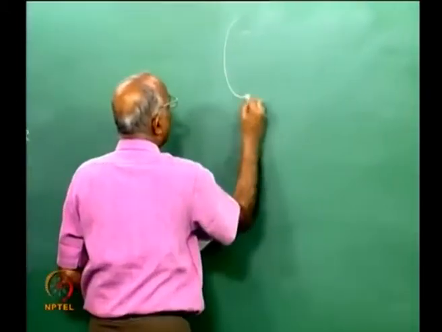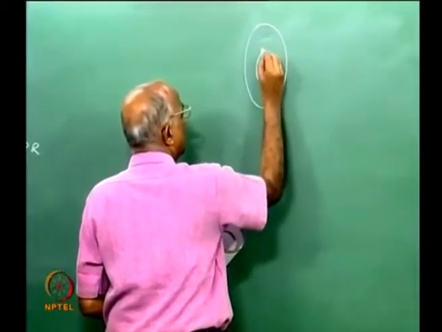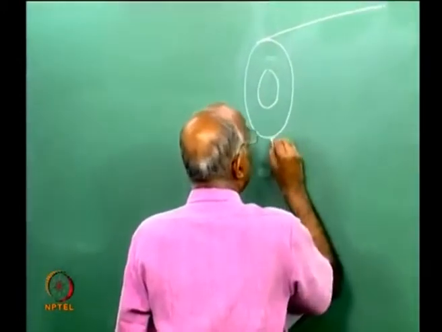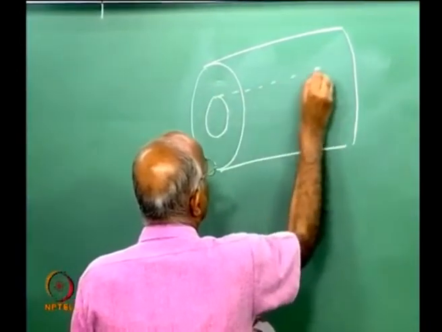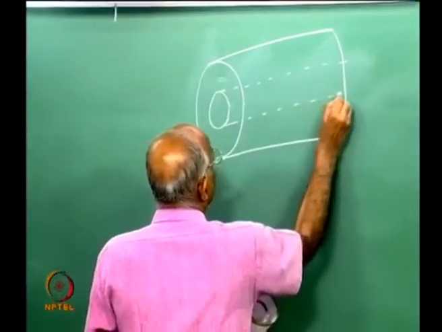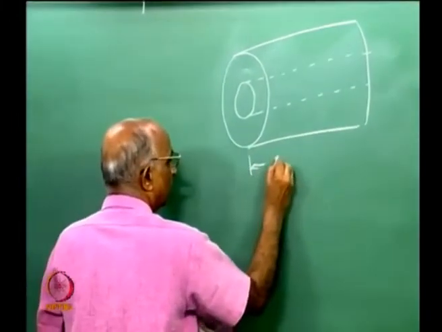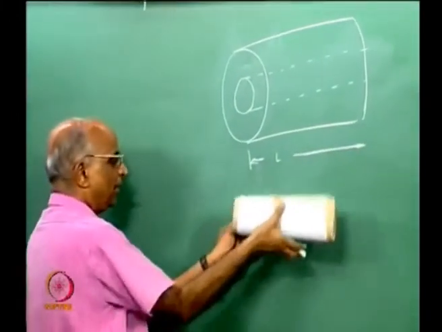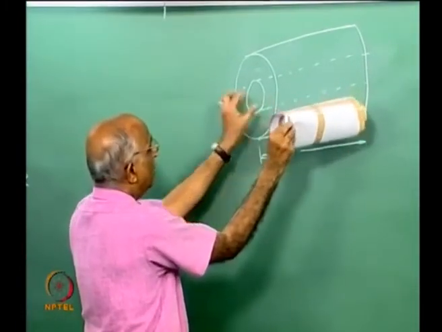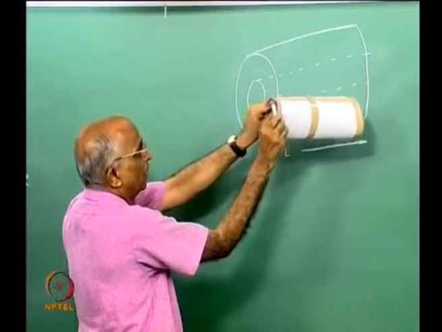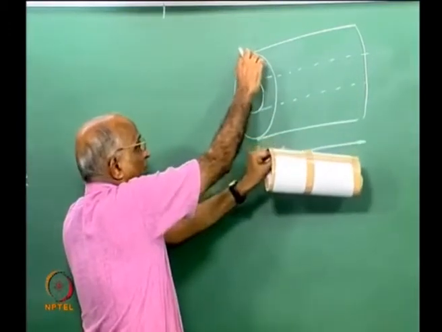What did I have? This is my area. I have the inner area here, the propellant block like this. This is my length. All I am telling is the annulus between the inner and the outer is what is getting burnt.